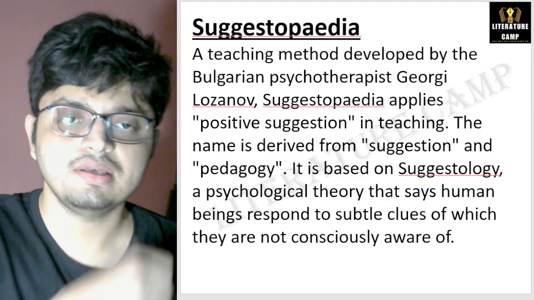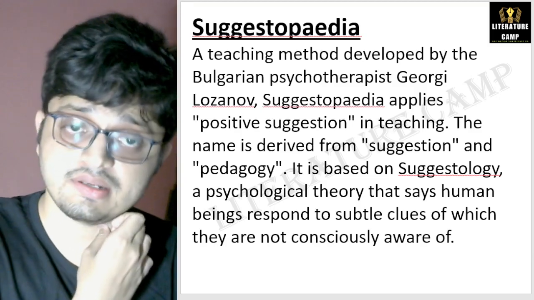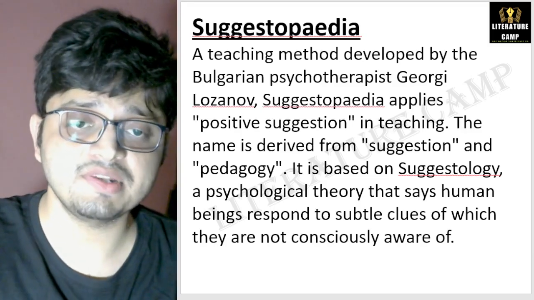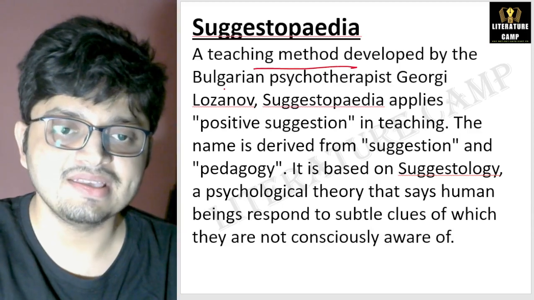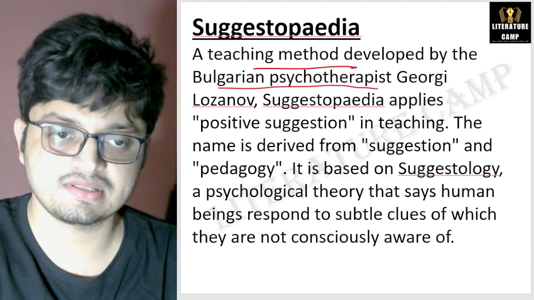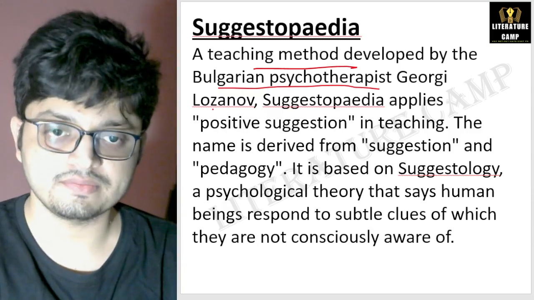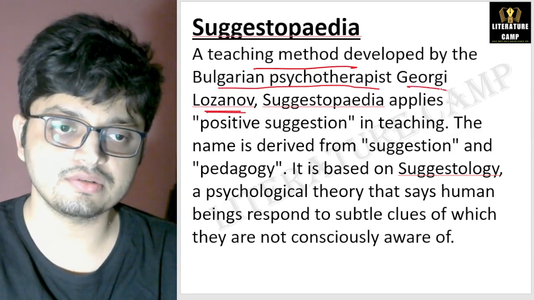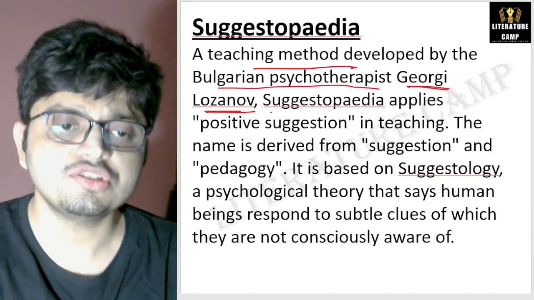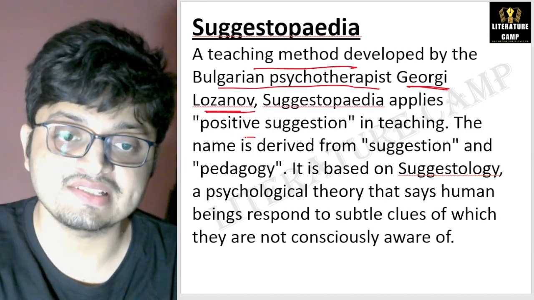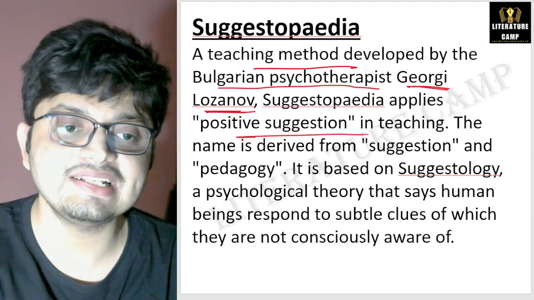The final topic of today's class is Suggestopedia. This again can come in the examination. It's a teaching method developed by the Bulgarian psychotherapist Georgy Lozanov. This name you need to remember, Georgy Lozanov. Suggestopedia applies positive suggestion in teaching.